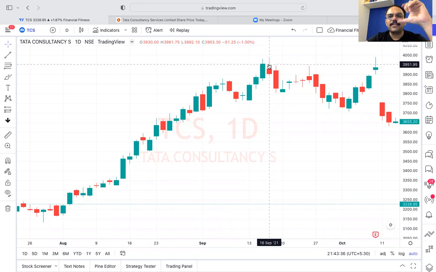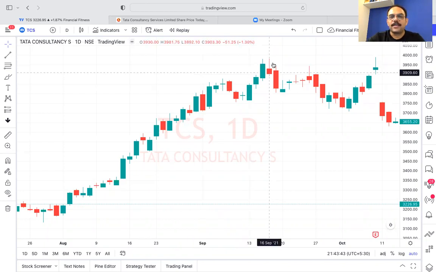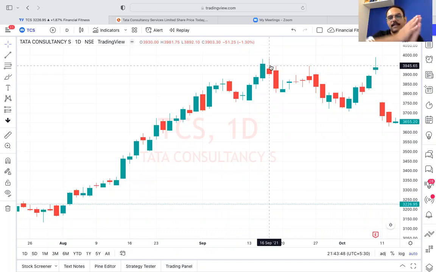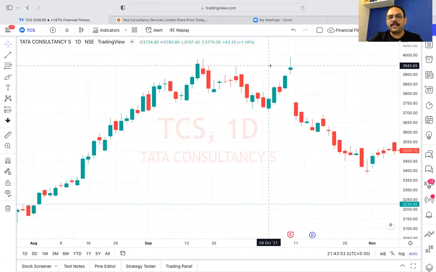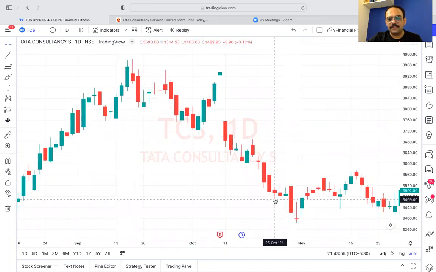As you see the wick size increase, that means the bears are pulling down from the top. That's why the wick becomes longer and longer. If the wick on the top starts looking longer and longer, that means the upside is weakening. It may start a downside. When it comes down, when the downside wick starts becoming bigger and bigger, it is probable that it is likely to go up. And like that, there are lots of things in candlesticks which we will cover one by one to learn about candlesticks.